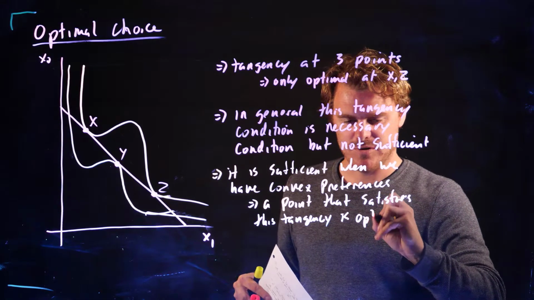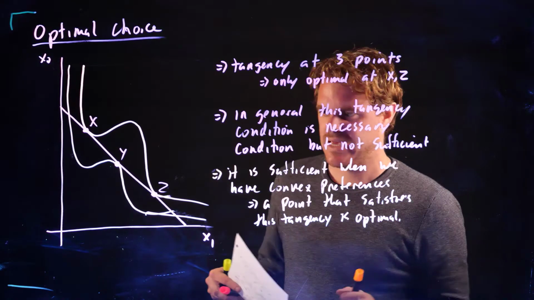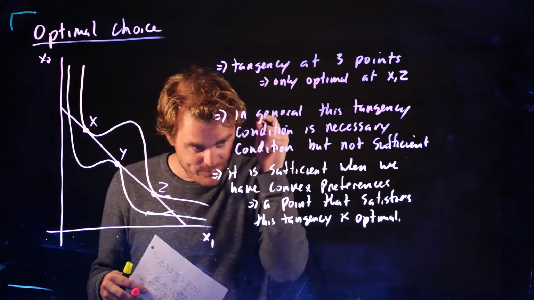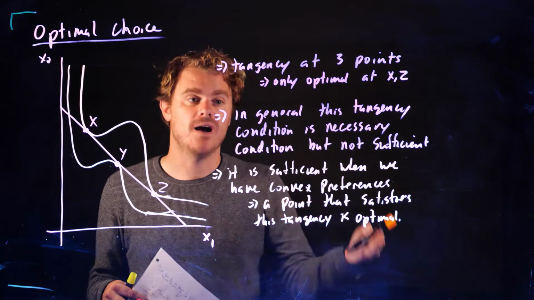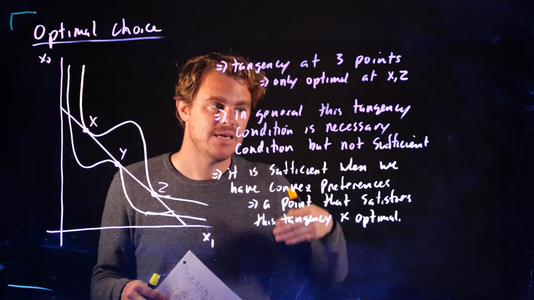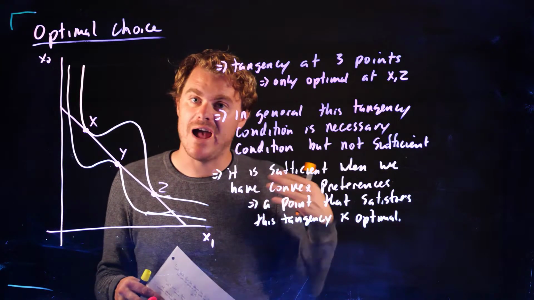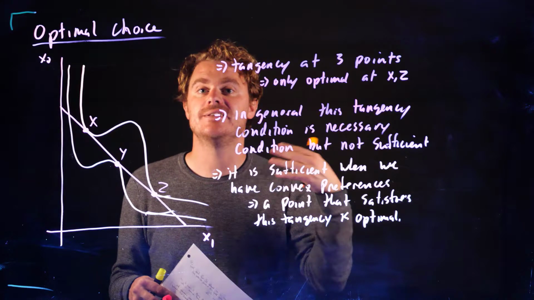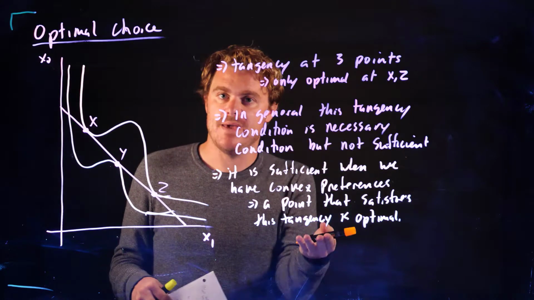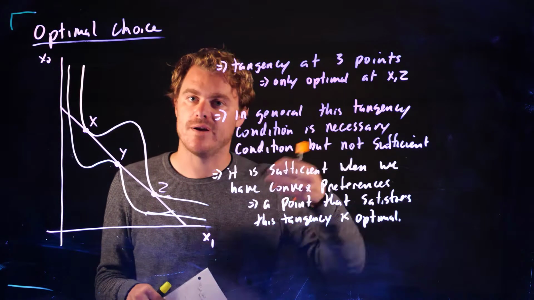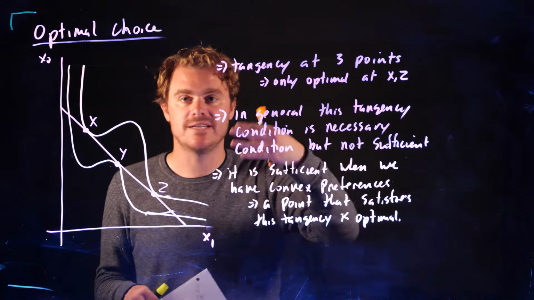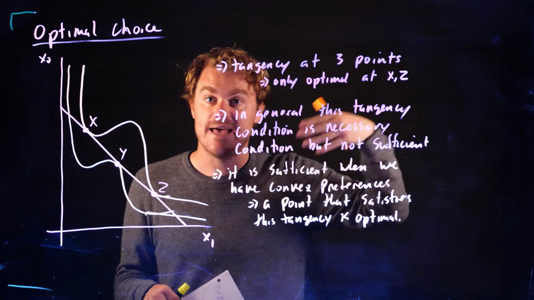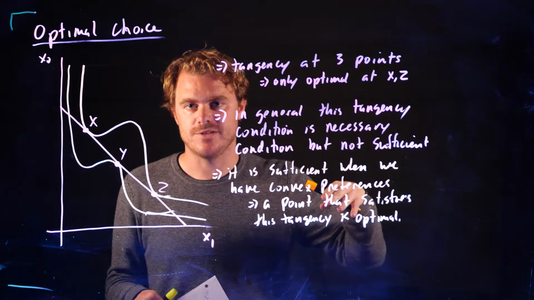So if we impose this other constraint that preferences are convex, then it becomes a sufficient condition. If we find a point with this tangency, then it is the optimal. If we don't make that assumption, then we could have cases like this where tangency is necessary but not sufficient.